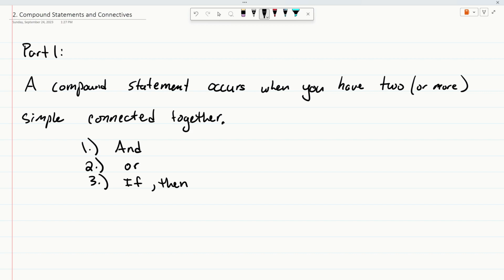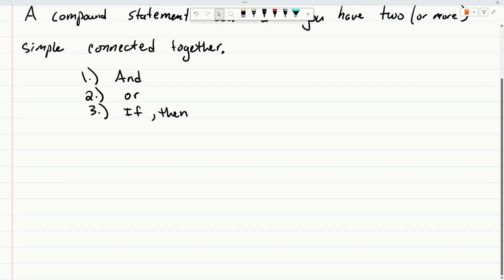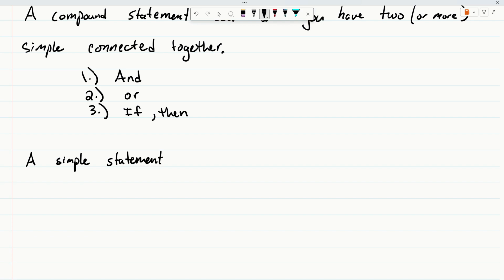All right. So what is a simple statement? A simple statement conveys one idea with no connecting words.